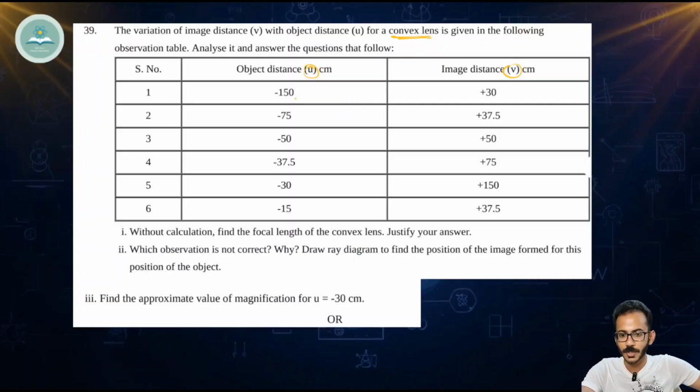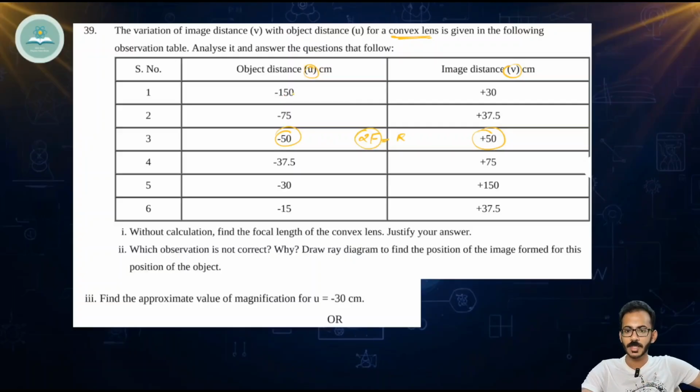So here let's find out such value. Here it is 150, 30, minus 75, plus 37.5, minus 50, plus 50. You see this value minus 50 and plus 50, both are similar values, which means this is the 2f value. So the focal length will be half of this, since 2f is similar to the radius of curvature. That idea should be there with us.